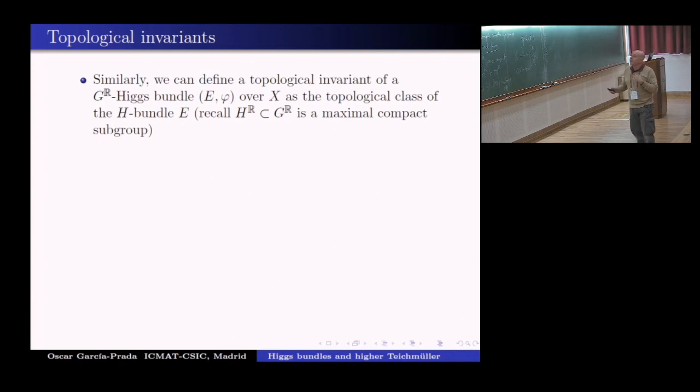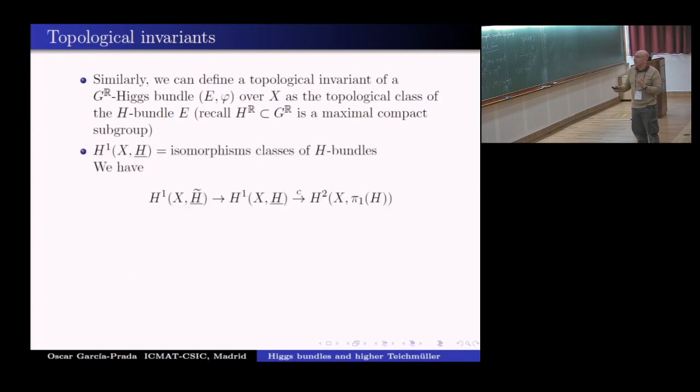And now you have a GR-Higgs bundle, and so this is over X, and now it's a question of classifying H bundles over E, right? And you have a similar argument, except that now you are dealing with isomorphism classes of H bundles.